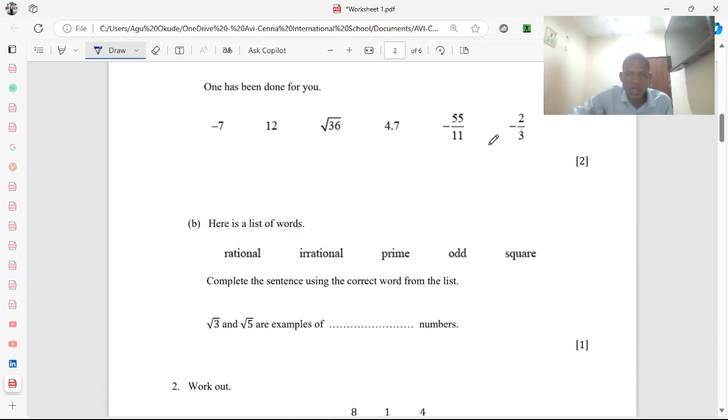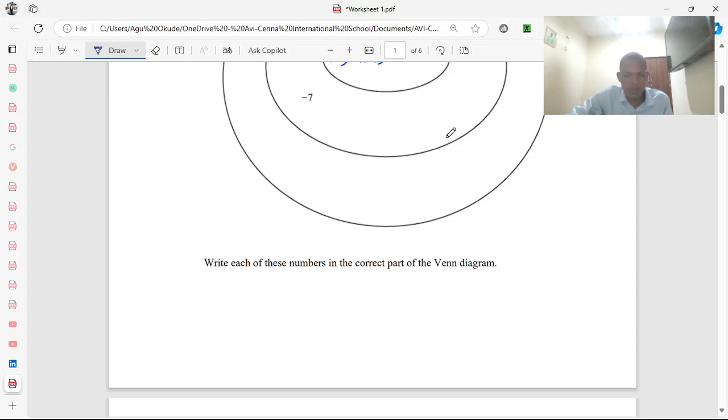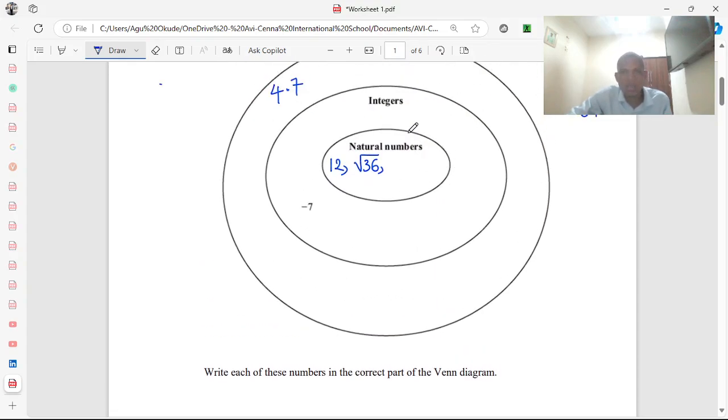Then the next one is -55 over 11. If I divide 55 by 11, I should have 5, so this is -5. Which means -5 is an integer, because don't forget I said integers are both positive and negative whole numbers.